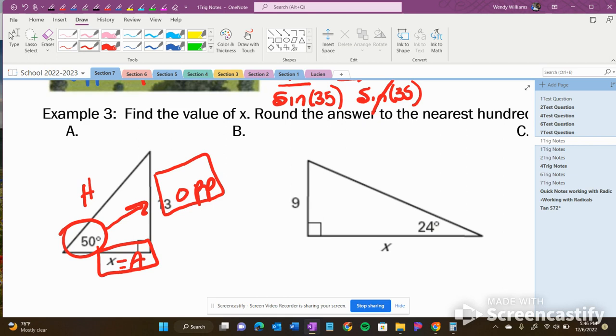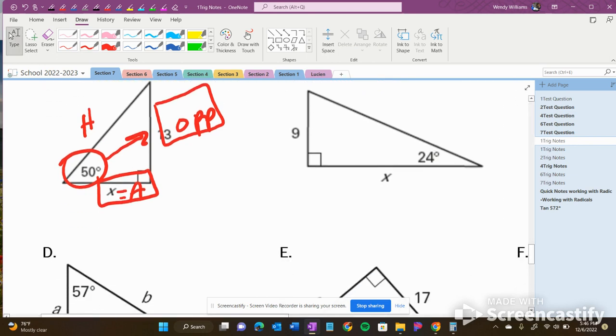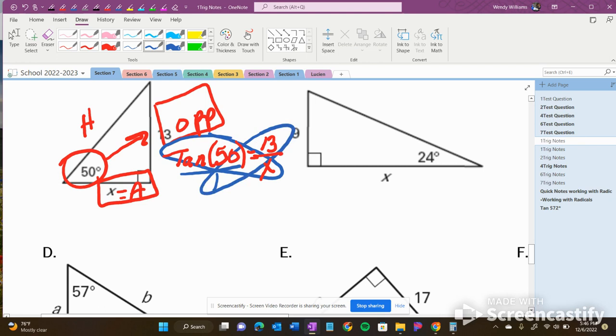Here we go, that's tangent. Tangent of 50 degrees equals opposite 13 over adjacent, which is x. Again, over 1, cross multiply, and solve.